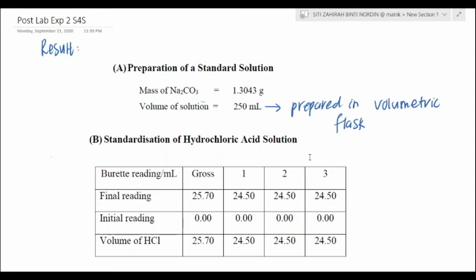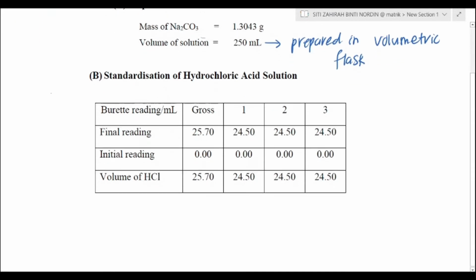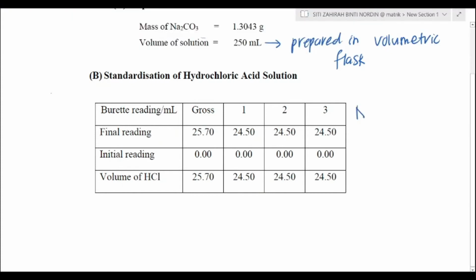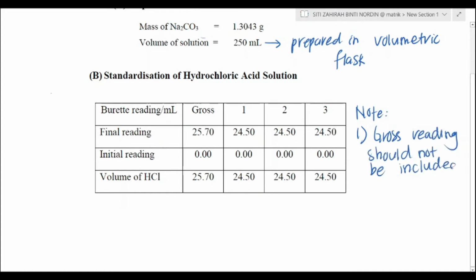For part B, standardization of hydrochloric acid solution. We're going to start the gross reading with an initial reading of 0. This is when you fill up your burette. The reading should be 0.00 and you have to note that the gross reading should not be included in calculation.